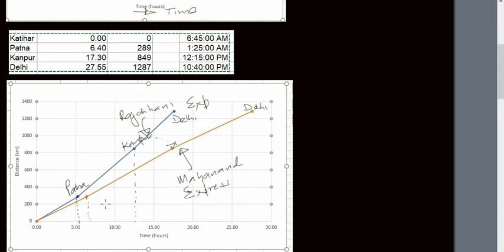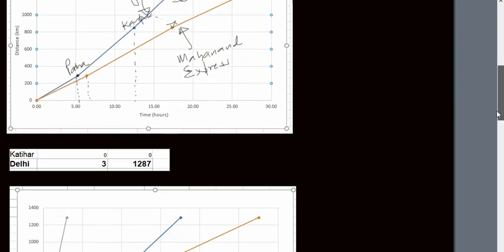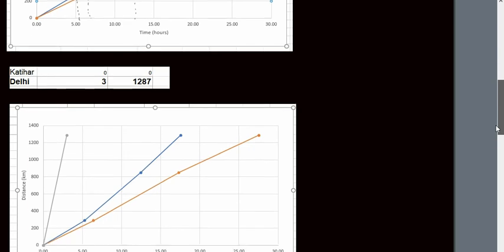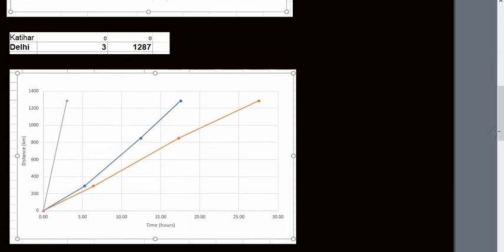Now let me add a plane. There is no airport in Katihar, so I am just assuming the time from Bagdogra. So say it takes 3 hours to reach from Katihar to Delhi. So now we have 3 plots. This is for a plane.